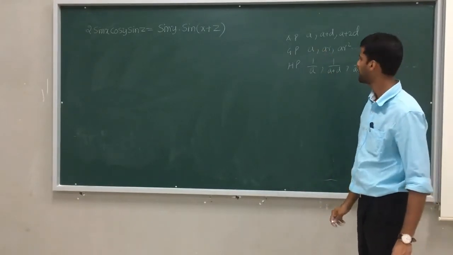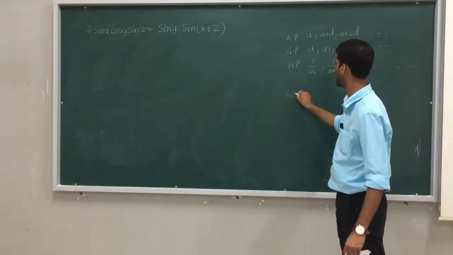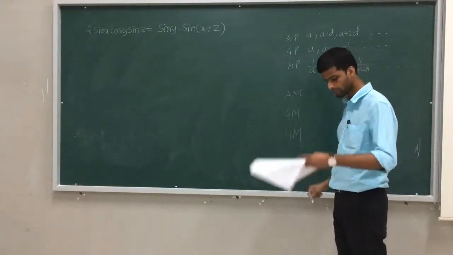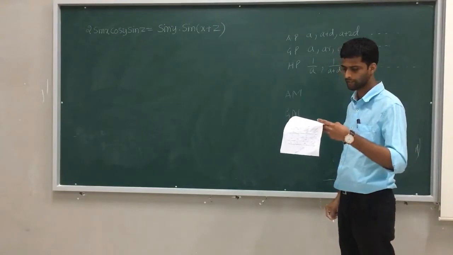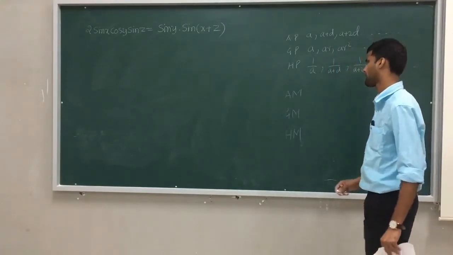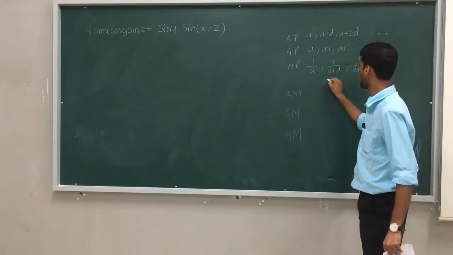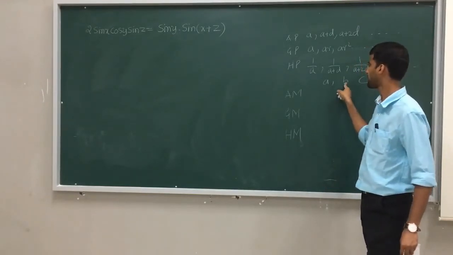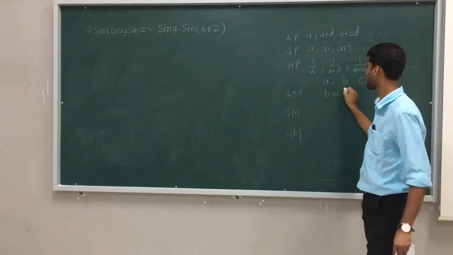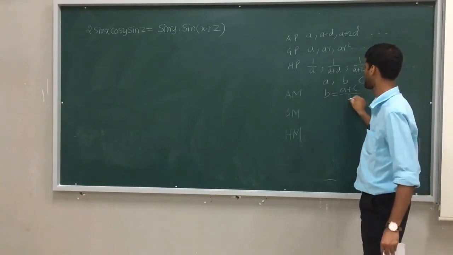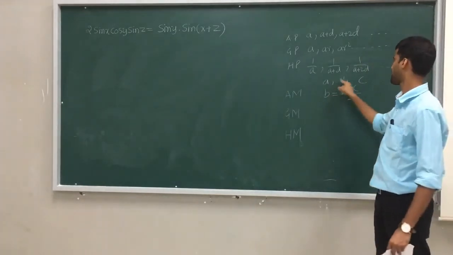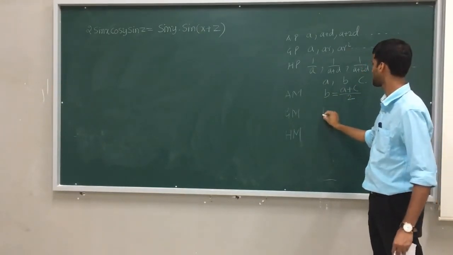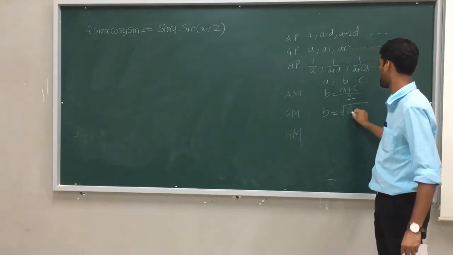What is AGP? It is the arithmetico-geometric series, a mixing of AP as well as GP. Now what is the arithmetic mean, the geometric mean, and the harmonic mean? If you have three numbers A, B, C, then B is the arithmetic mean of A and C if and only if B equals (A plus C) by 2. If A, B, C are in GP, then the GM is B equals root of AC.